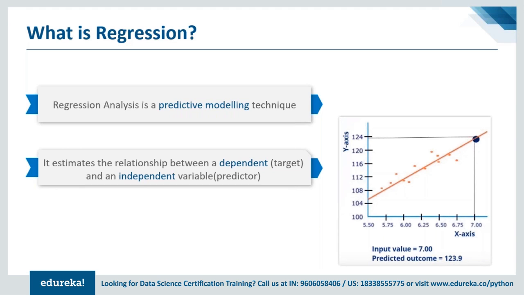Expecting or predicting something for the future is predictive modeling, and for predictive modeling we use the regression technique. For example, will it rain tomorrow? What is the temperature tomorrow? That is a prediction, right?